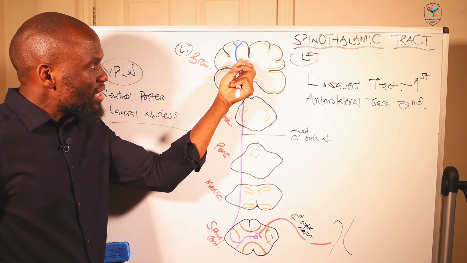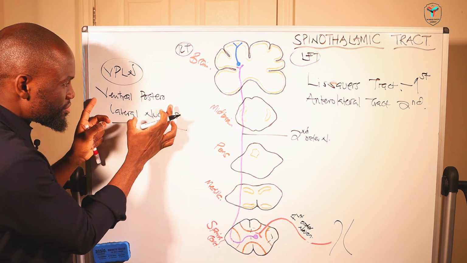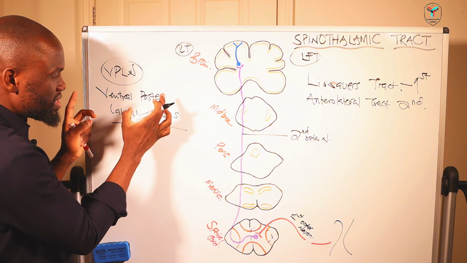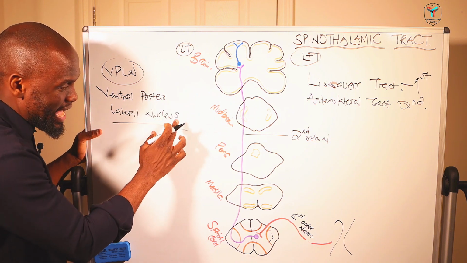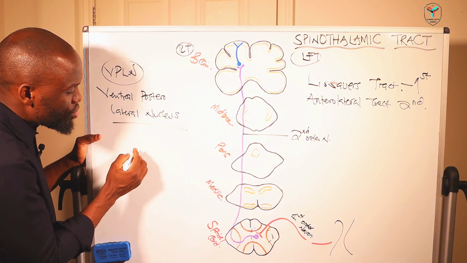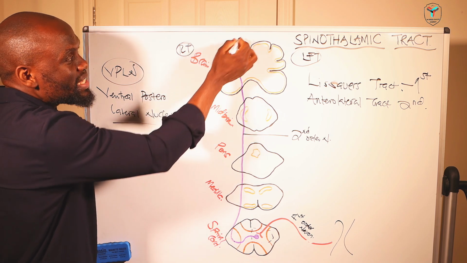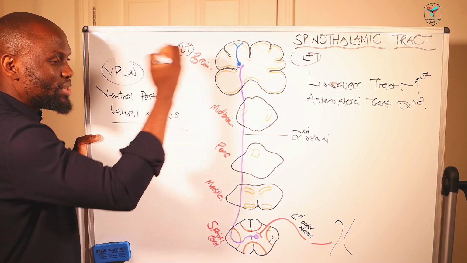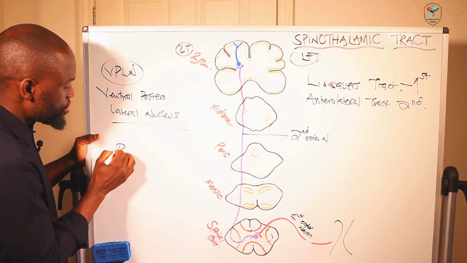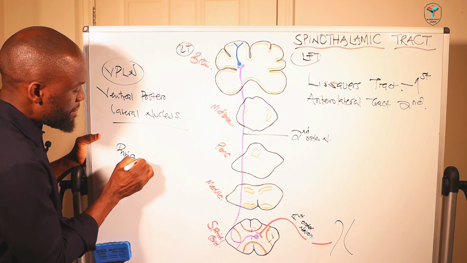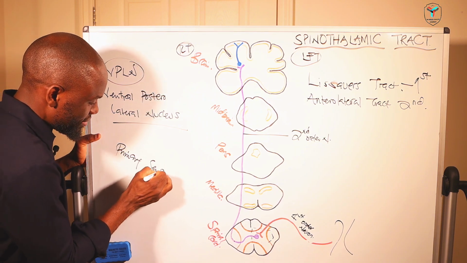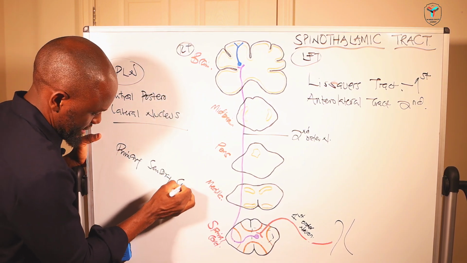Now, the third order neuron will pick the message from the VPLN here, which is the ventroposterolateral nucleus, and then it is going to transmit the message to another important area, which we are going to call the primary sensory cortex.